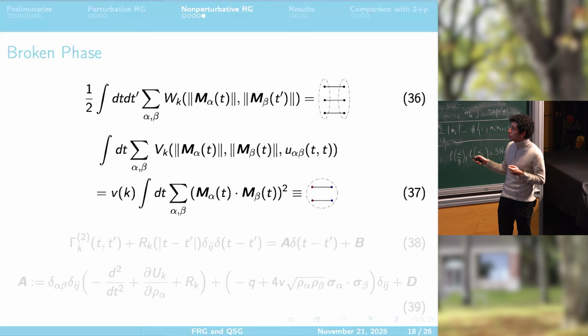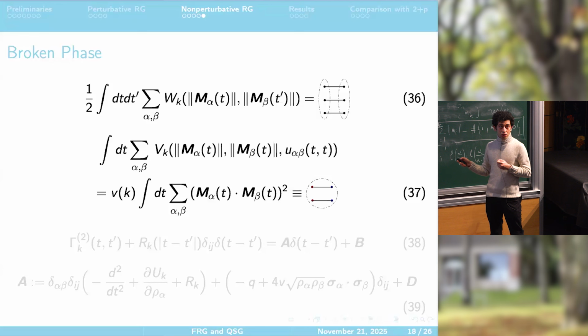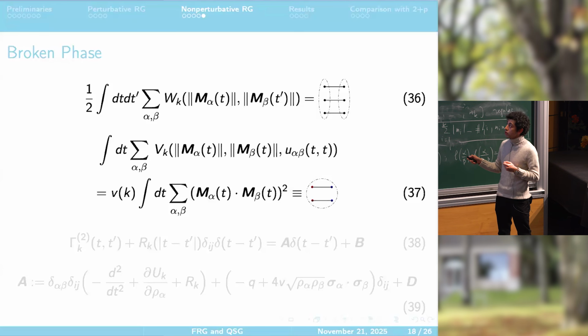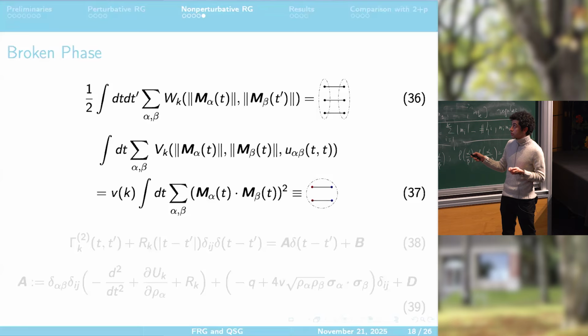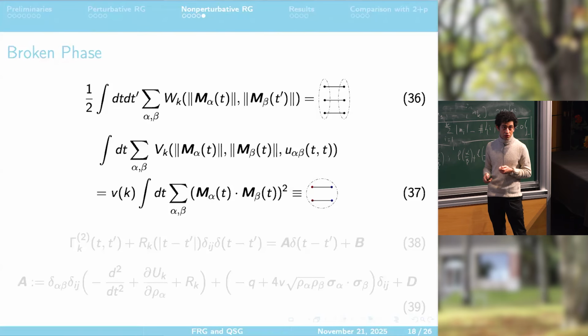I don't know if it's visible, but here we have blue dots on one side and red dots on the other side. It shows that we are in the same bubble. The bubble still represents the time index, so they are all at the same time. But the two on the right are evaluated at one replica, and the two on the left are evaluated at another replica.